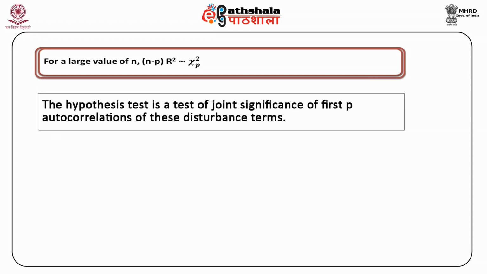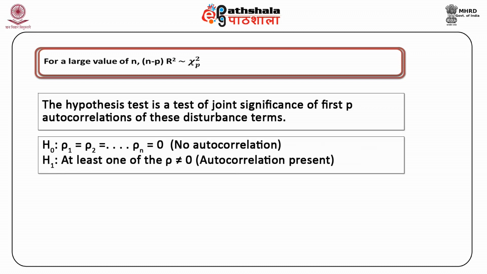The hypothesis test is a test of joint significance of the first p autocorrelations of the disturbance terms. So our hypothesis is that H0: rho_1 is equal to rho_2, so on up to rho_p is equal to 0, no autocorrelation.